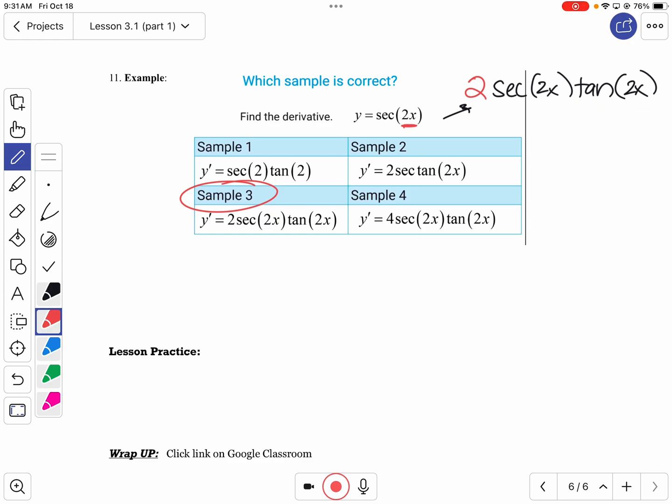They only put the 2x with one of the functions. The other one that they pick a lot is 4. How do you think they got the coefficient of 4? They did the inside derivative twice. You only do the inside derivative from the original function. Secant's weird because you have to put that inside stuff in for secant tan because it's both part of the derivative. But the inside derivative we only write down once. So just a heads up on that.